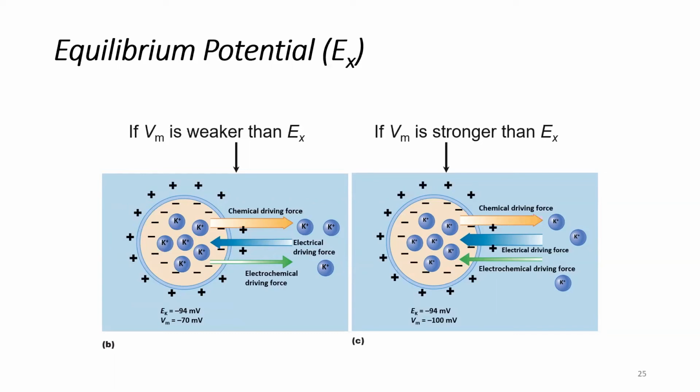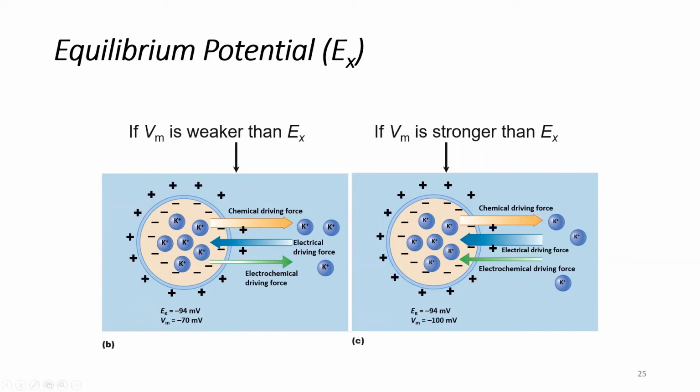And so we talked about the polarity, and we talked about the electrical driving force wanting positively charged ions to get to the negatively charged environment inside the cell. So as you can see, we have two forces that are moving in different directions, and when we combine these forces, we're going to subtract the smaller force from the larger force, but we'll look at these two values to determine the net direction of the ECDF.